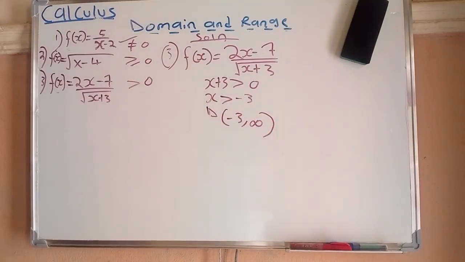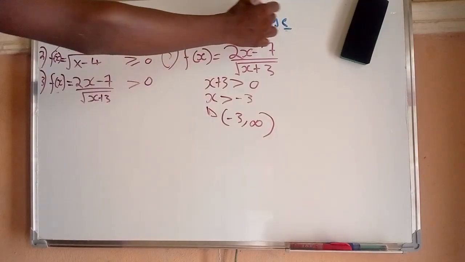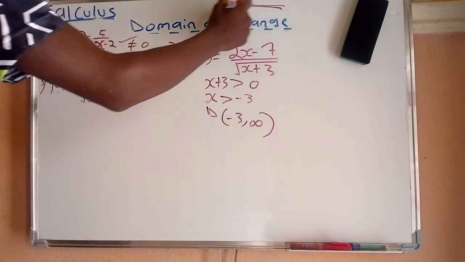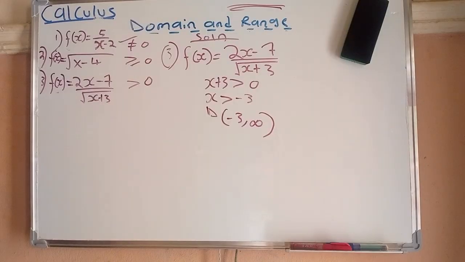This is the domain of this function f of x. In our next video, we shall see how to find the range of a function. This is the end of this video, which covered only domain.